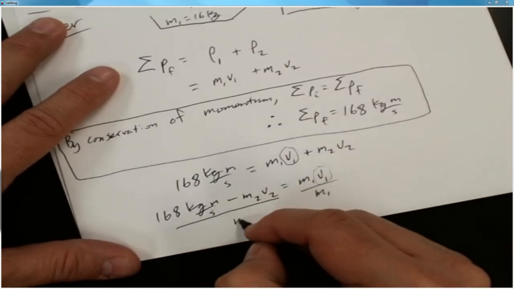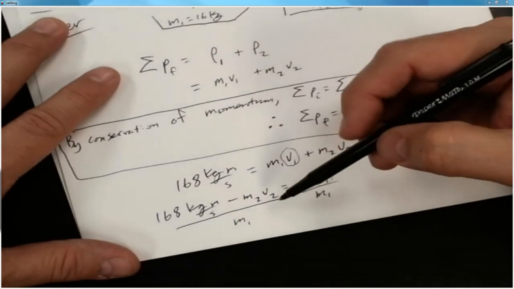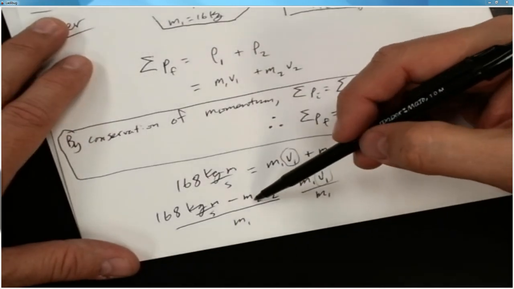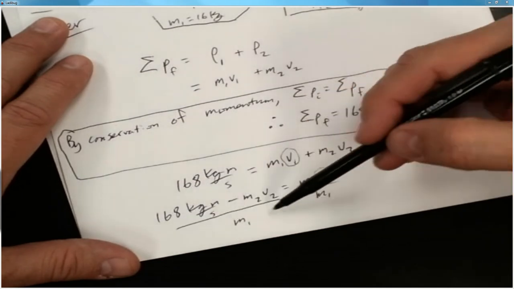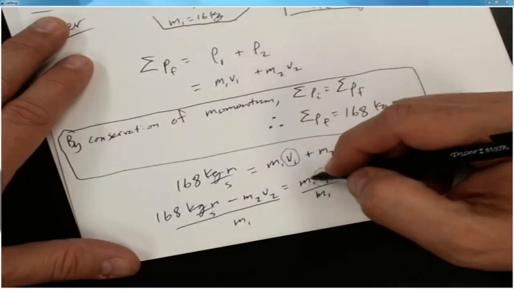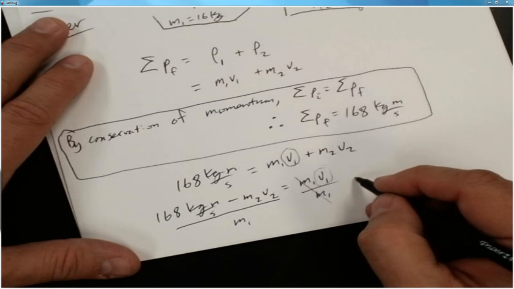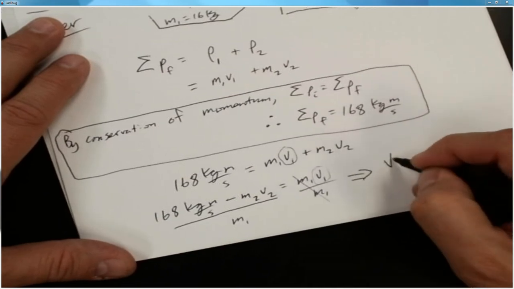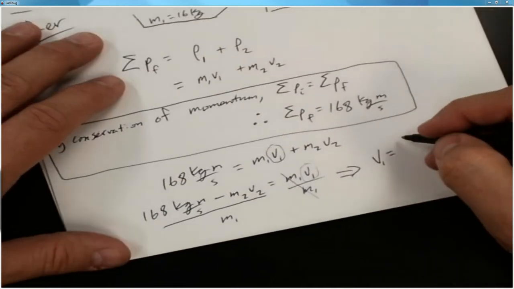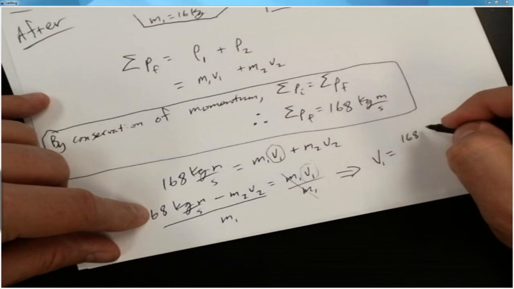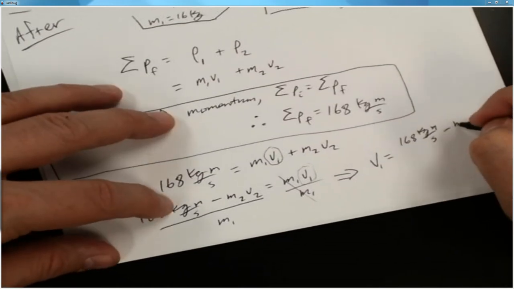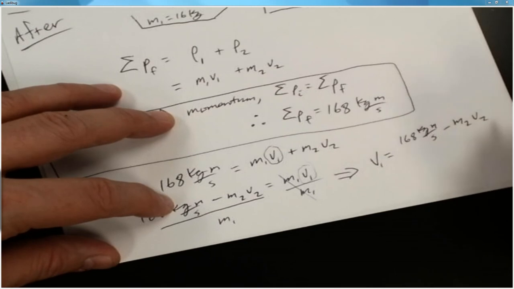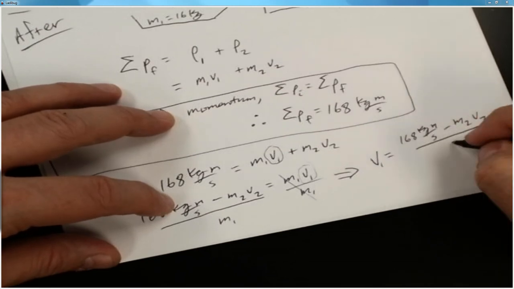Some kids screw up and they want to just divide one thing by M1. No, you have to divide the entire side over here by M1. So those cancel out. And this becomes V1 is equal to 168 kilogram meter per second minus M2V2, all over M1.